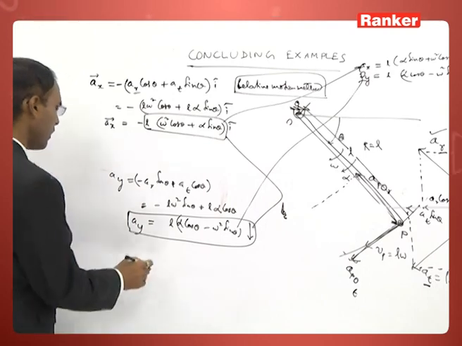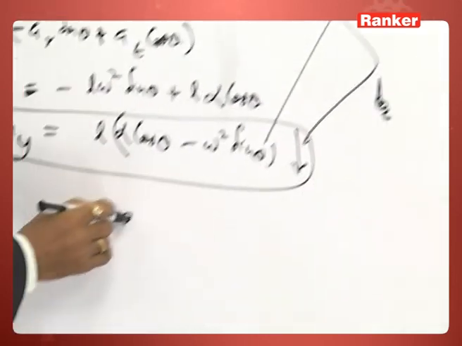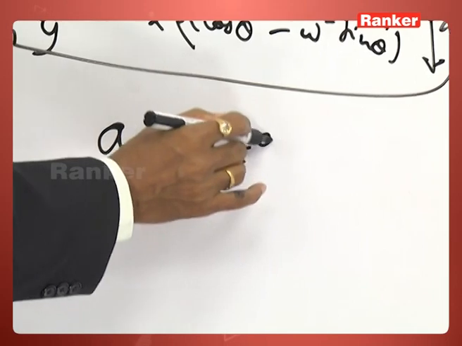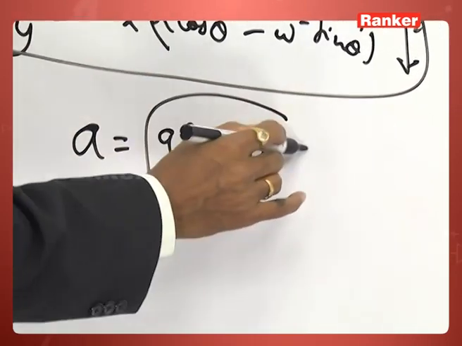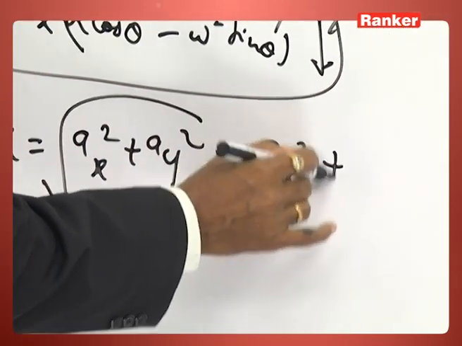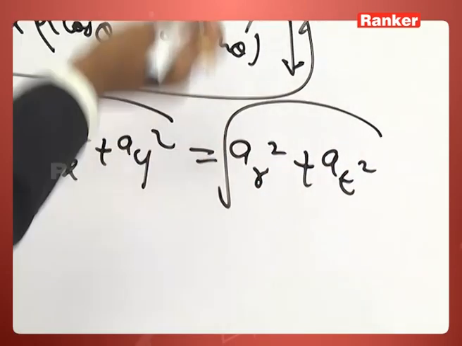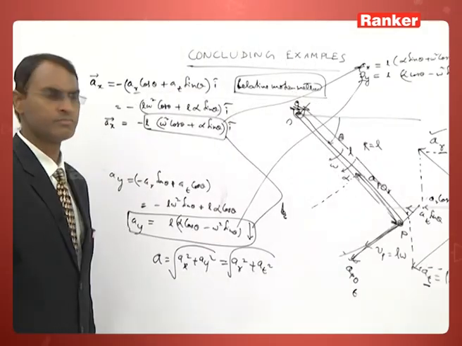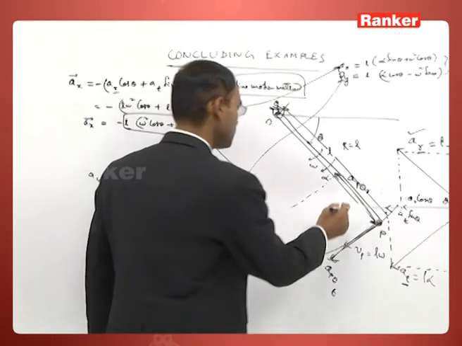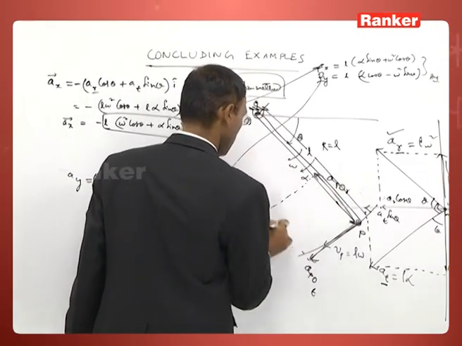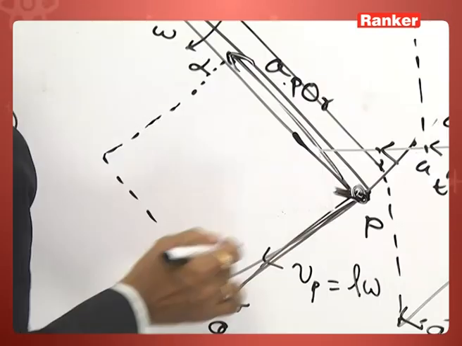Or net acceleration, if you want to calculate, square root of ax square plus ay square, or you can just write ar square plus at square. If you add these two accelerations, you are getting the net acceleration.